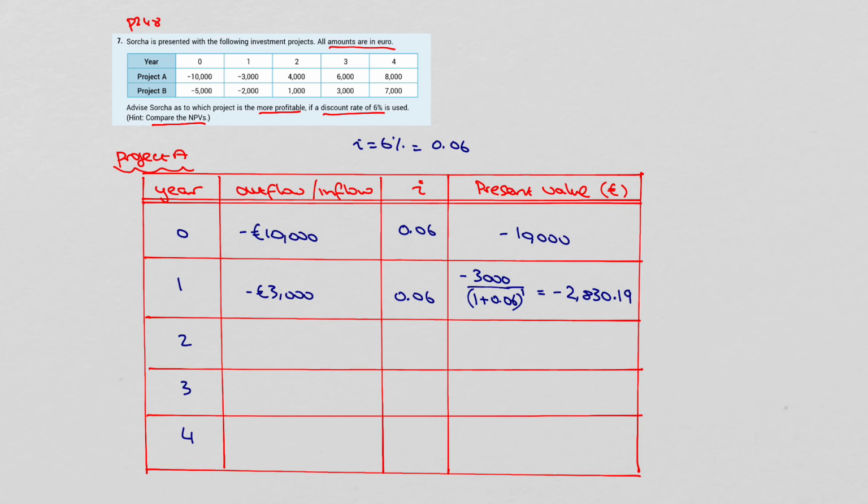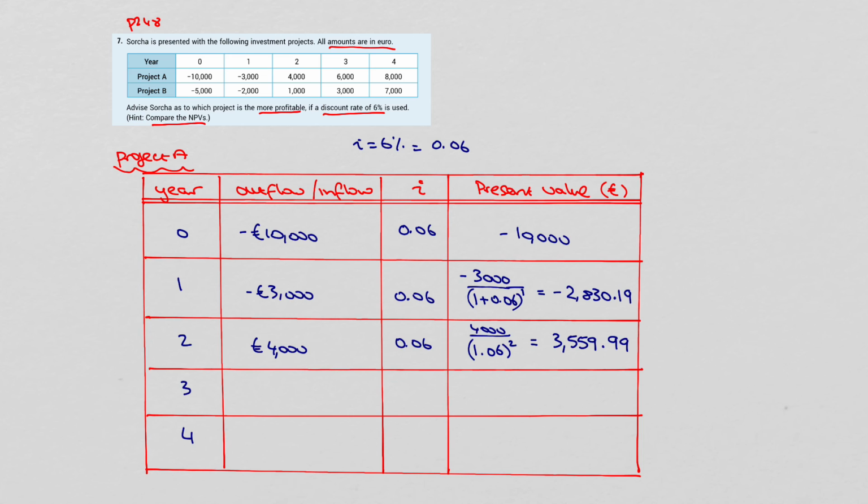In year 2, we have 4,000 coming in at 0.06. So I'm going to discount 4,000 euro back 2 years. So 1 plus 0.06, at this point I'm just going to write 1.06 to the power of 2. And then that works out to be 3,559.99.